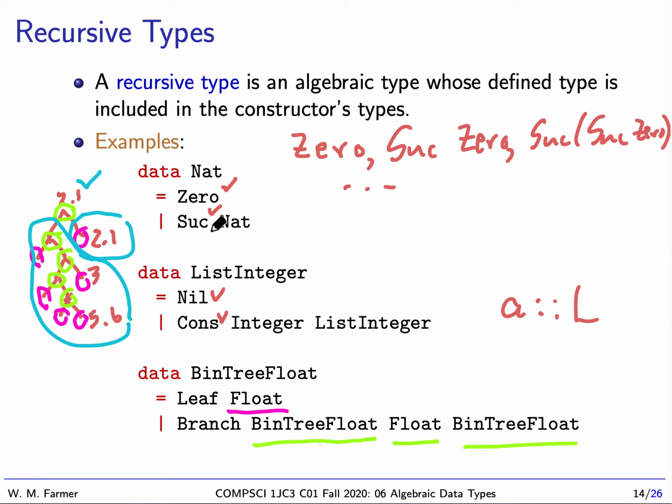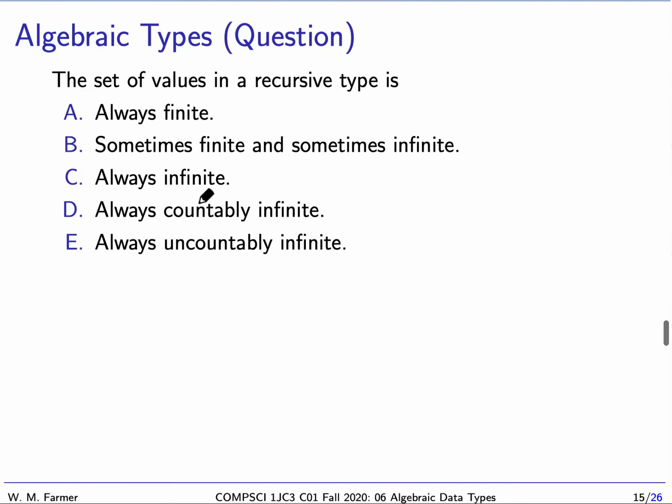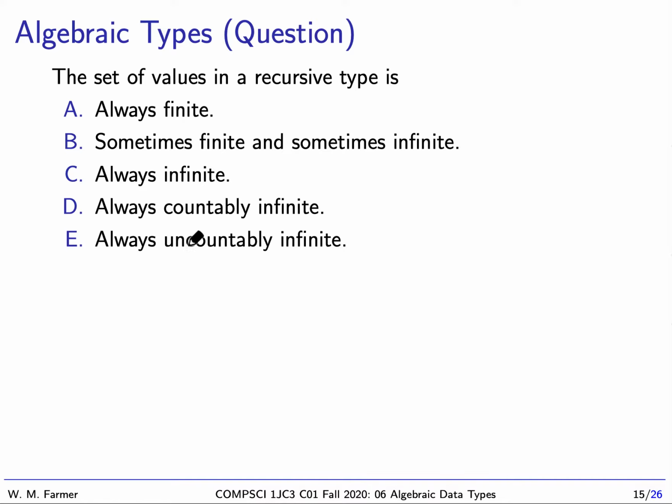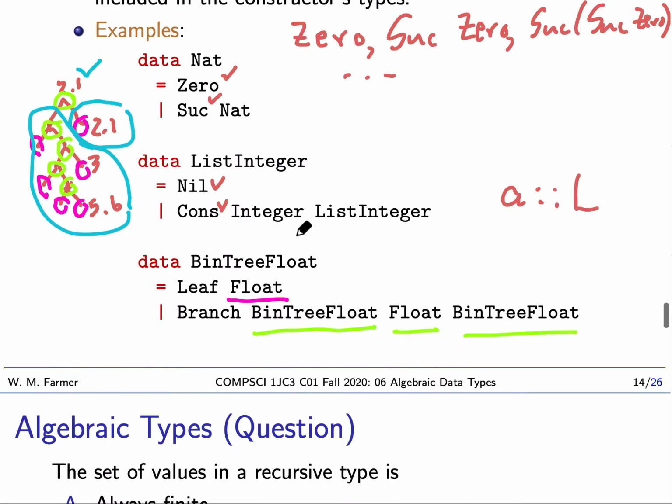That's because we can use this constructor to build new values out of the values we already have, and we start, in this case, with 0. Okay, so the set of values in a recursive type is always going to be infinite. But more precisely, it's always going to be countably infinite. That means we can count out the members.